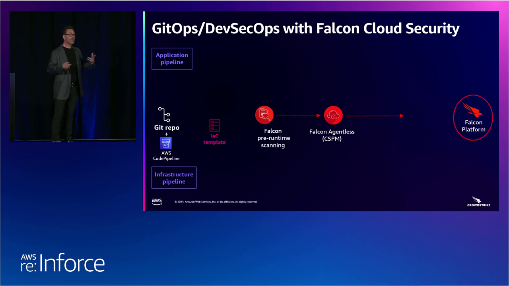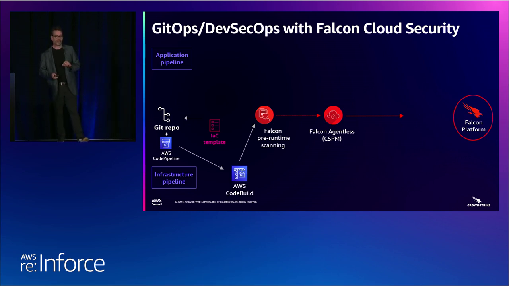So we create a new infrastructure as code template, CloudFormation, Terraform, Ansible, what have you. We check that into the Git repository, and we have built a pipeline using AWS CodePipeline, which is used for building GitOps workflows. CodePipeline is monitoring the repo. When there's a change, CodePipeline will trigger the build job that you have associated with that particular job.